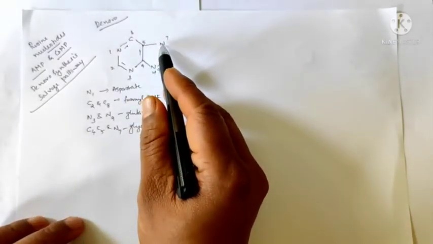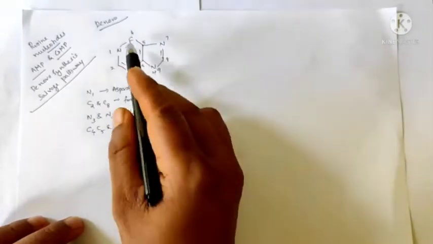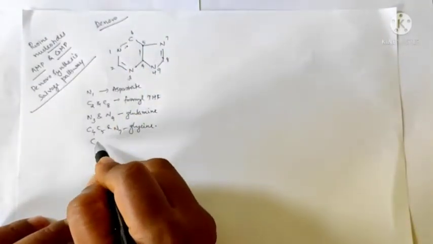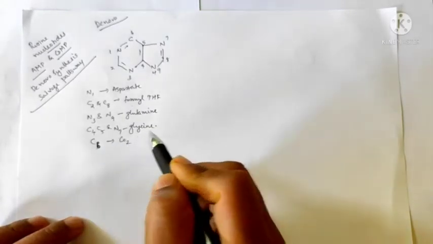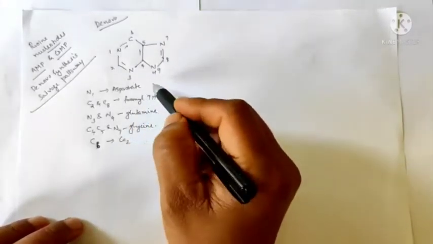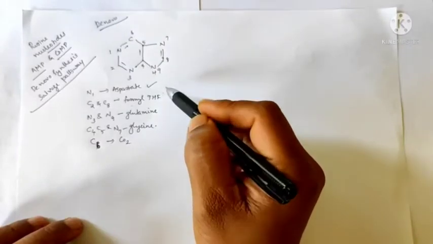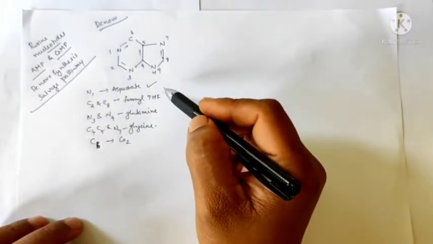Carbon at the 6th position is obtained from carbon dioxide. So these are the compounds contributing to the purine ring.